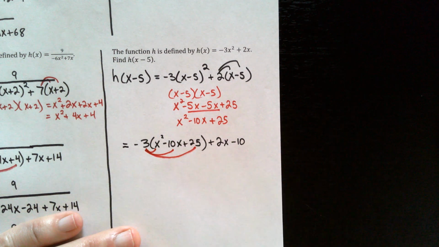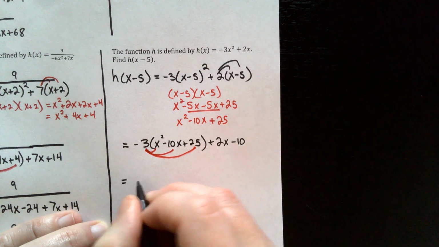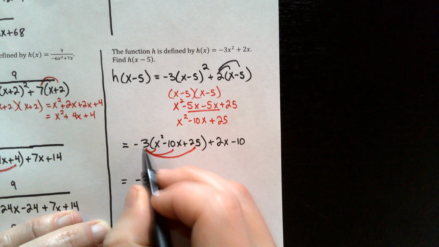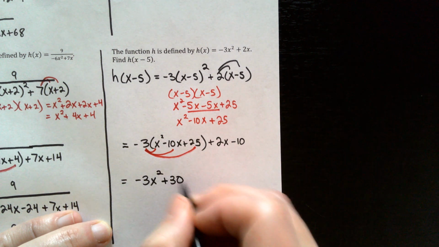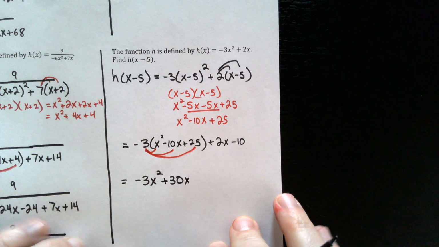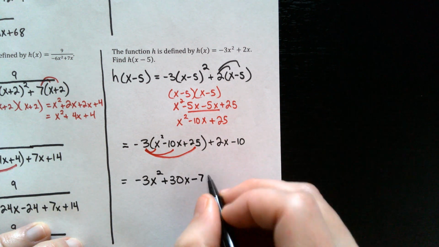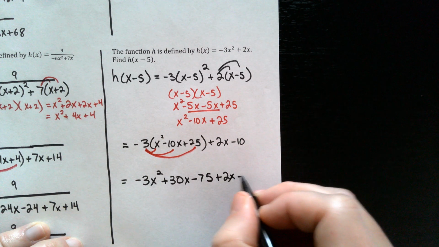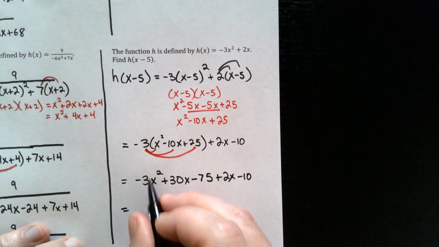Distribute the -3 to all three of those terms. So that gives us -3 times x squared is -3x squared. -3 times -10x is positive 30x, right? Negative times a negative. -3 times positive 25 is -75. Here's my 2x and my -10. Okay, and then I just need to combine like terms and I'll be done.